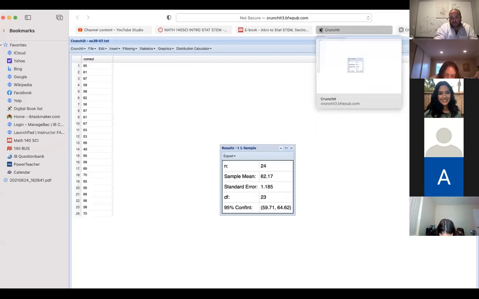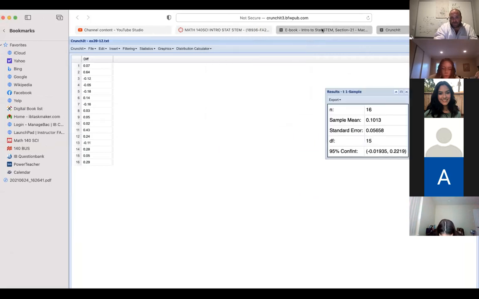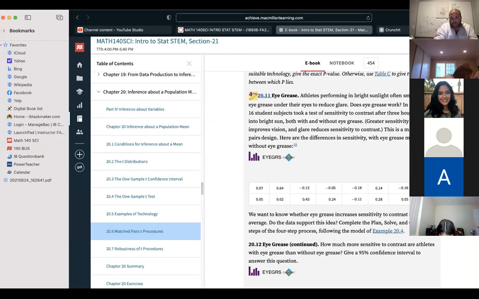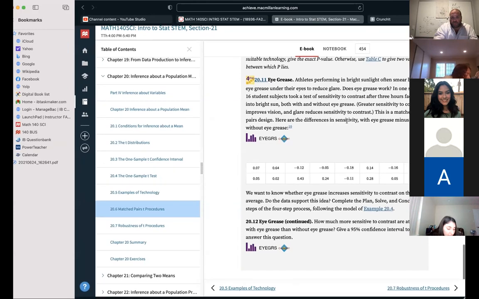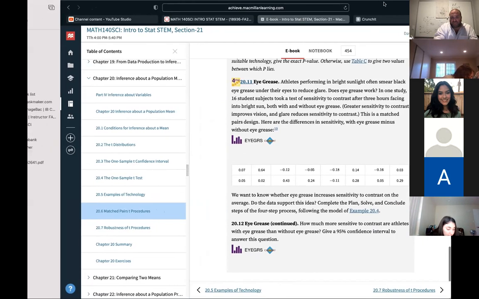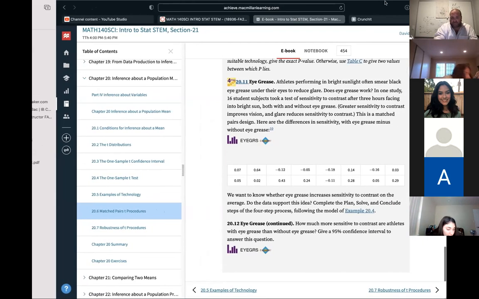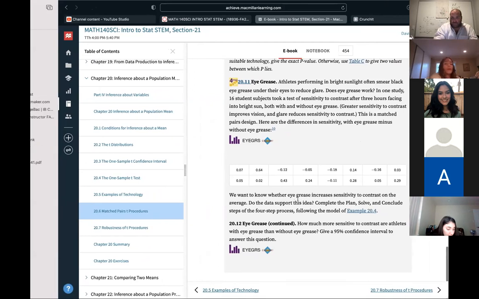we just did this one. This is an old one. I don't need this one anymore. If I go back to the question, what are we looking for? We want to know whether eye grease increases sensitivity. So we are looking to see if sensitivity goes up with eye grease. And the difference is with eye grease minus without eye grease.